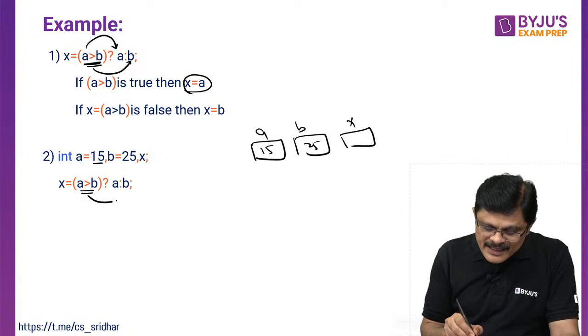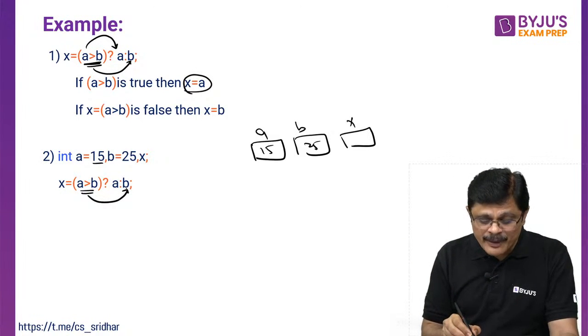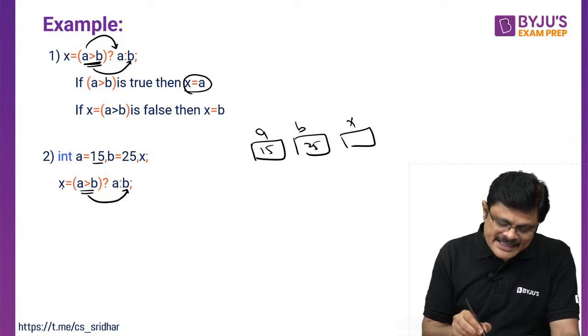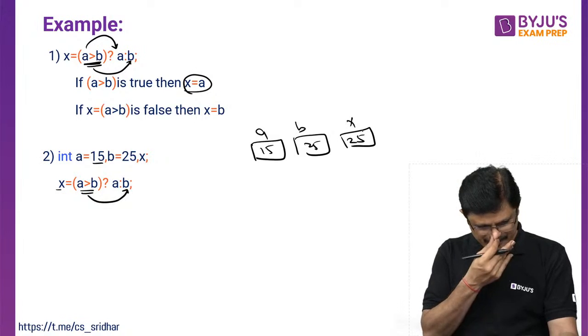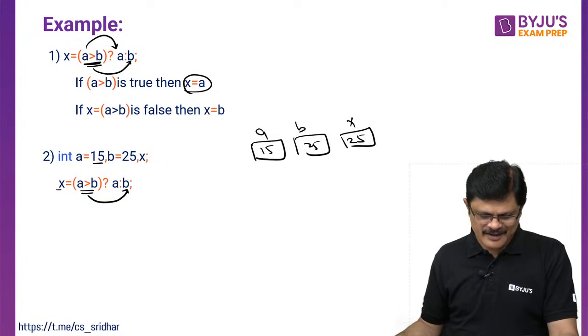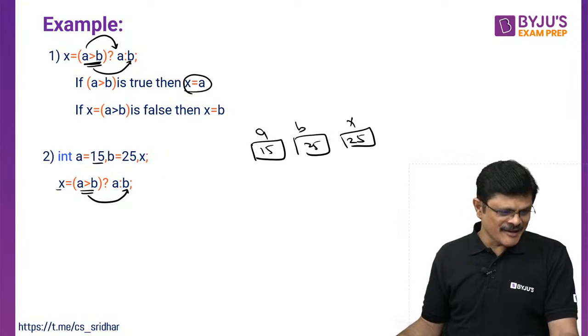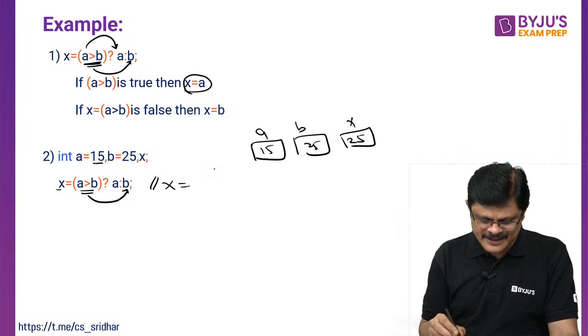False means the second expression, that is B. What is the value of B? 25, and B is assigned to x. So the x value becomes 25. Very good, Tanmoji. B gets evaluated, and the x value will be 25. What is very important is the value of x: 25.